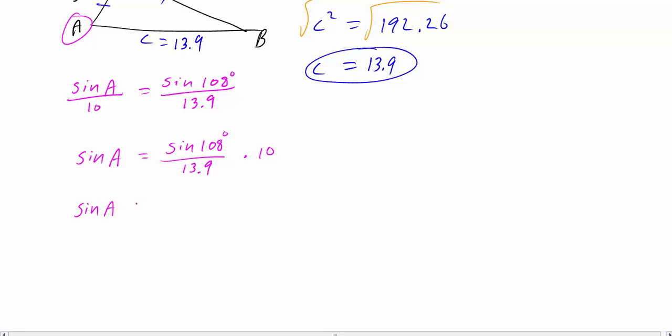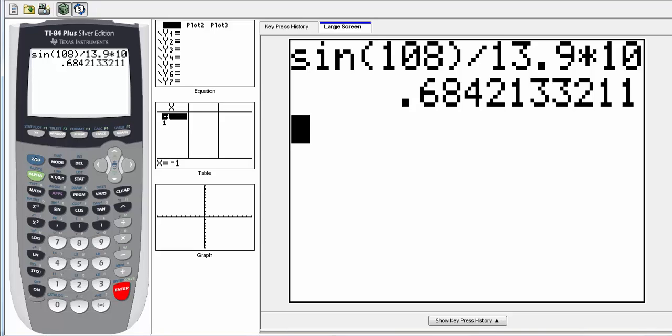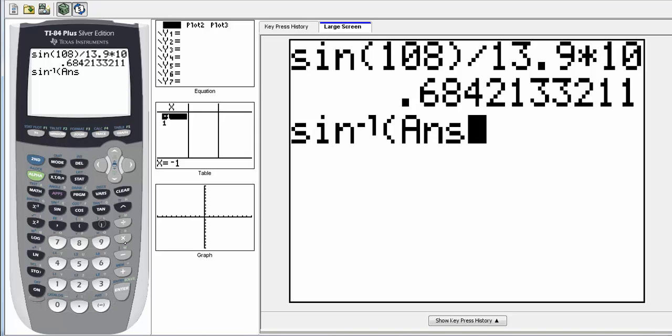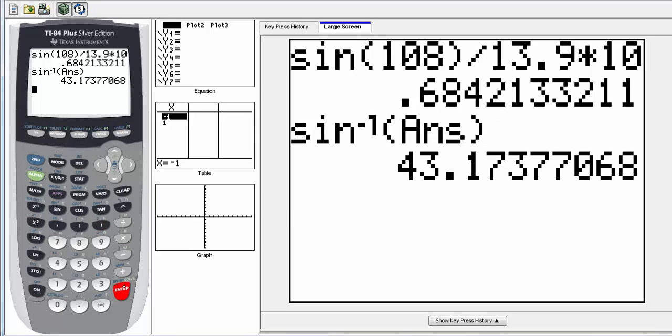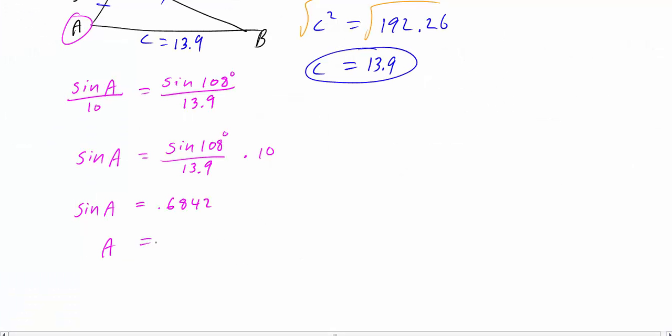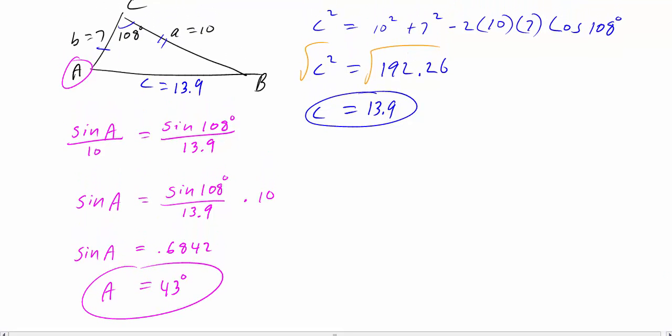So the sine of A is equal to 0.6842, and then to find the actual angle, we're going to use the inverse, so that's second sine, and again I'm going to use second answer to bring down the decimal, and we get an angle of 43 degrees. So now we know angle A is equal to 43 degrees.